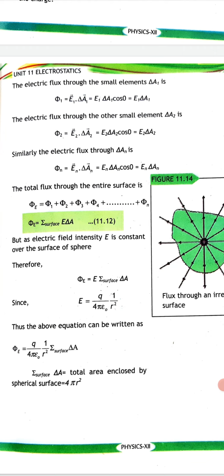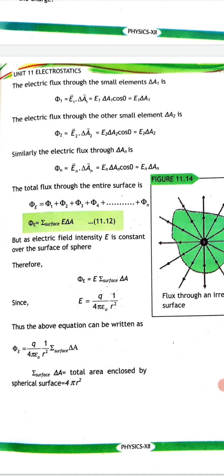Here sigma of delta A represents the entire surface of the sphere, and we know that the area of a sphere is equal to 4 pi r square, right. This is already familiar from geometry. From your geometry you must know what the area of a sphere should be; for different objects, from their geometry you can calculate their areas, right.